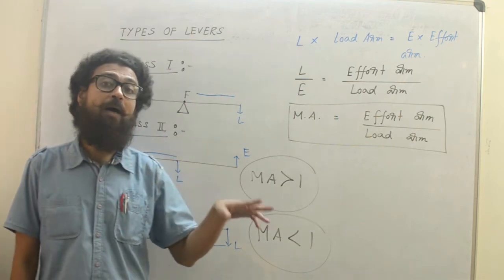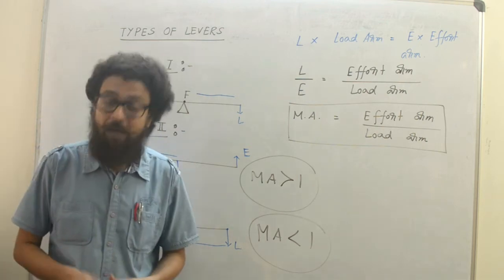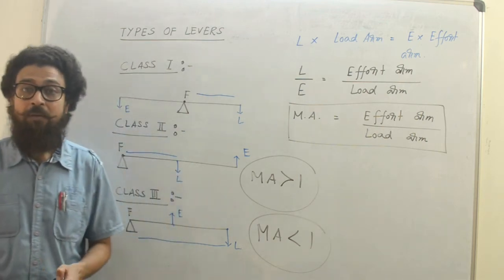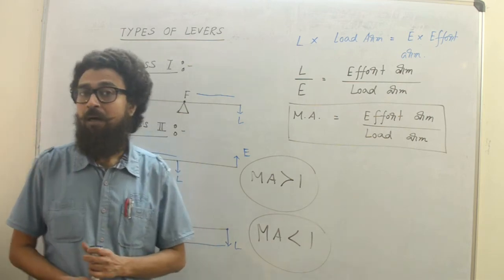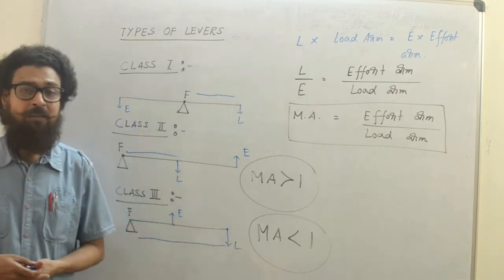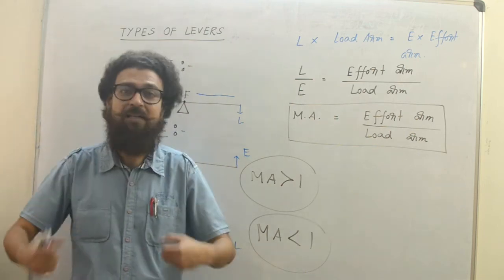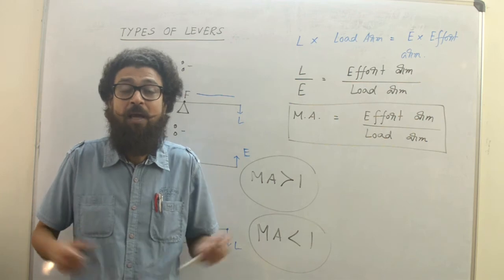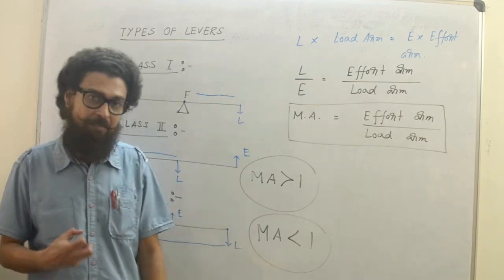We may require a device which can gain speed, a bicycle. The amount of effort we give and the amount of kilometers we can travel, if we compare, then we can see that after cycling we get drenched, we get a lot of sweat because we had to give a lot of effort and we overcome very little load.